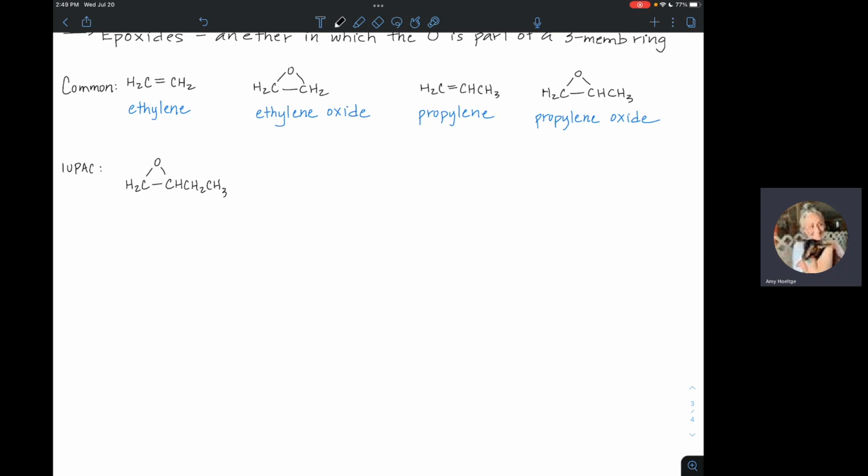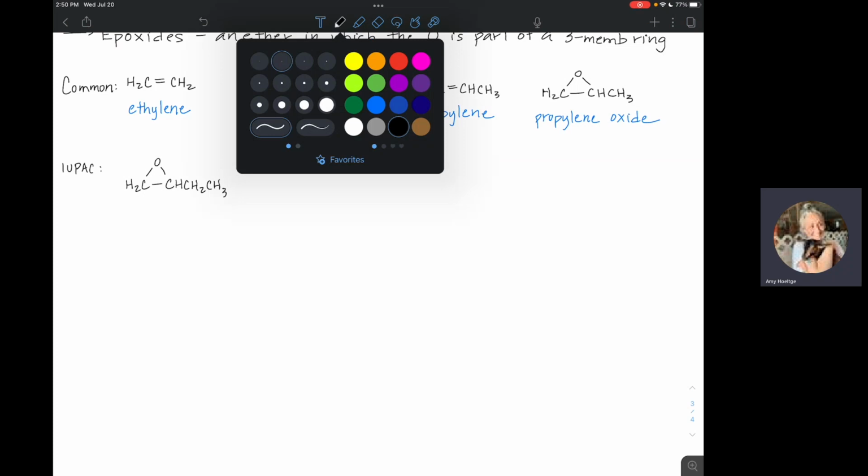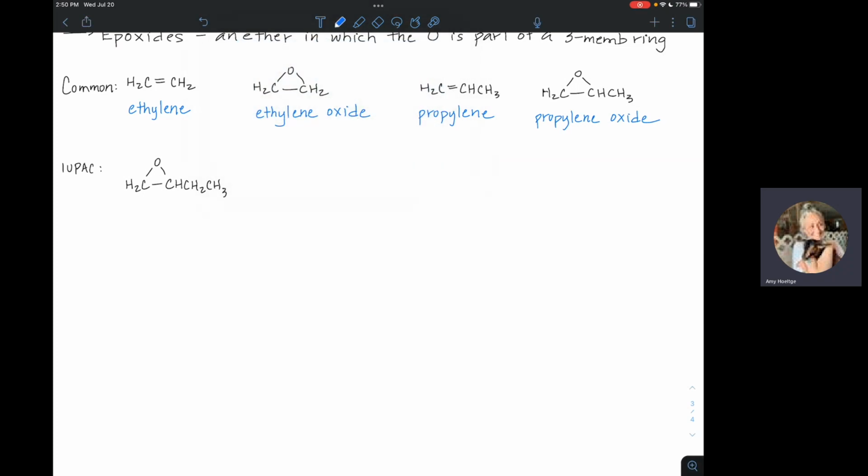And then I'm going to use the prefix epoxy, but I'm going to tell you what carbons the epoxide is actually a part of, right? And you're going to give priority to the ring, just like you would any other piece of functionality. So in other words, I'm going to number this from left to right because it puts the lowest number on the epoxy group. So this ends up being 1, 2 epoxy butane.